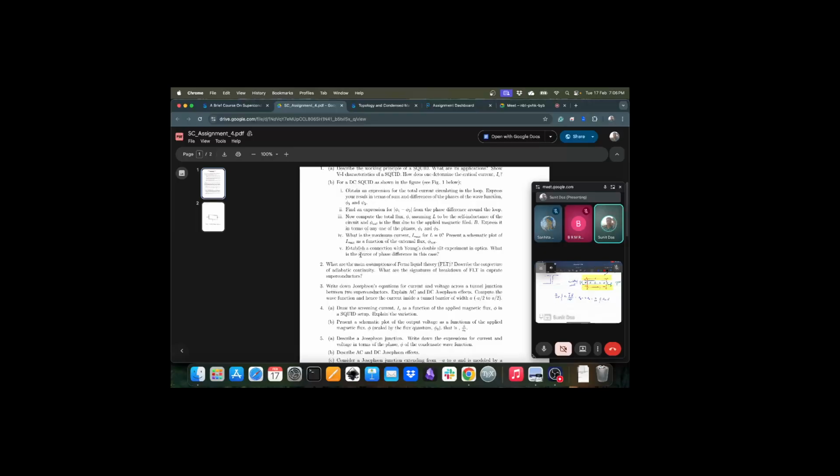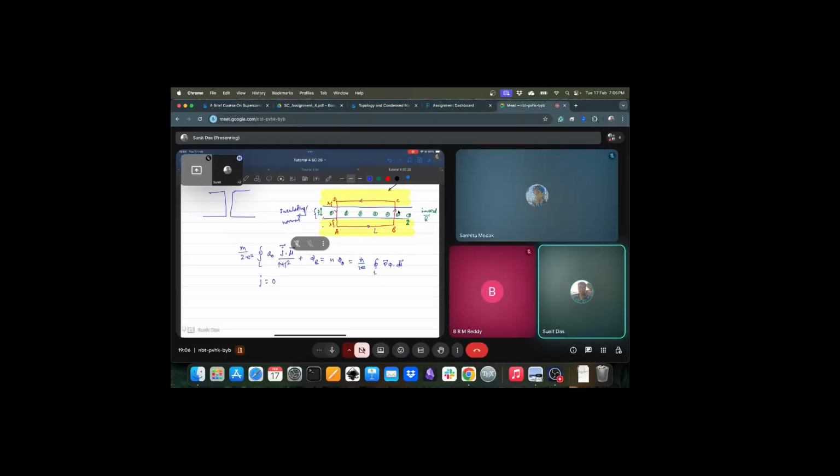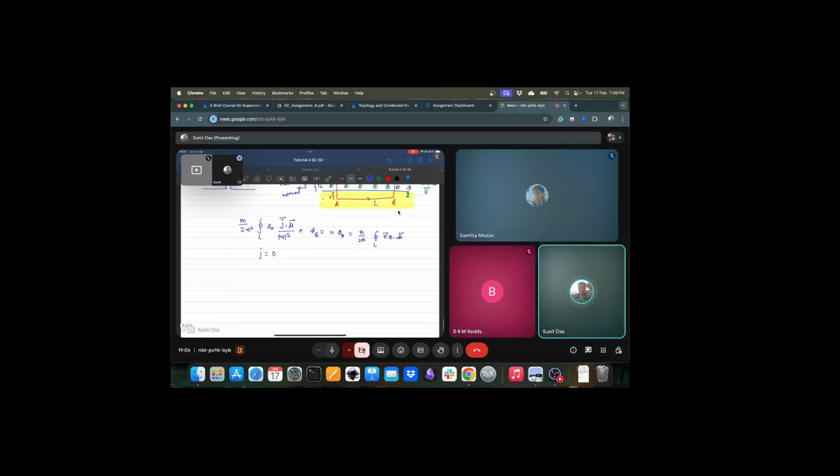Now, because we have not applied any current, J is 0 definitely. So the closed loop integral over grad phi dot dl is equal to, so this part is 0, so we have phi b.